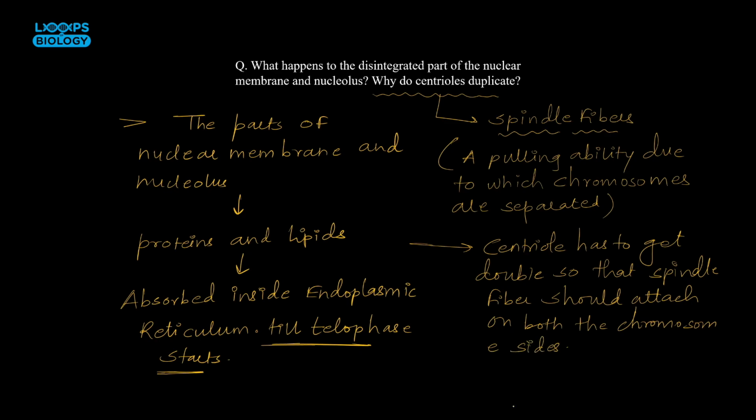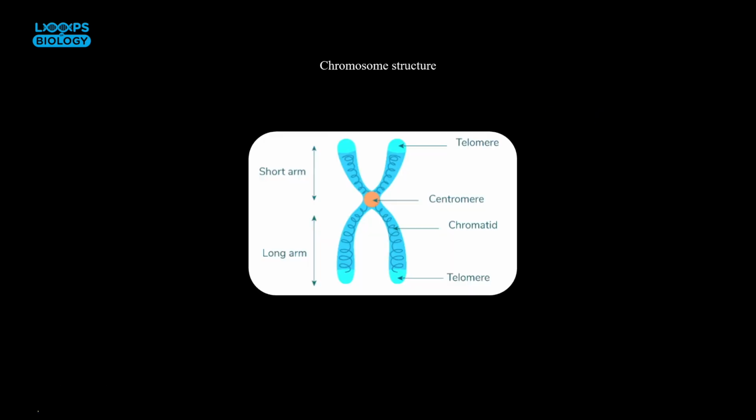Alright guys, so this was your logic behind this doubling of the centriole and what is happening to the parts of nuclear membrane. Alright, so let's move on to the structure of chromosome.